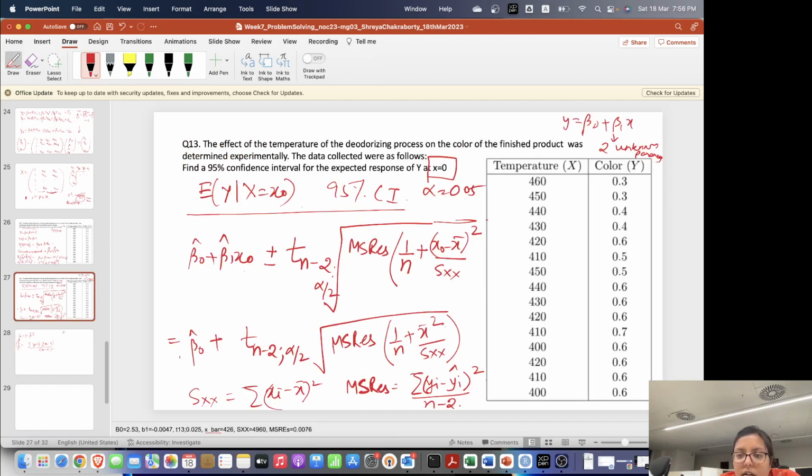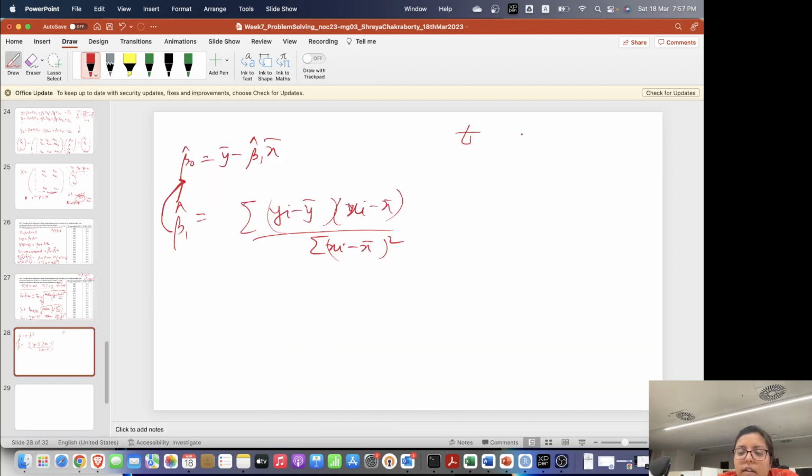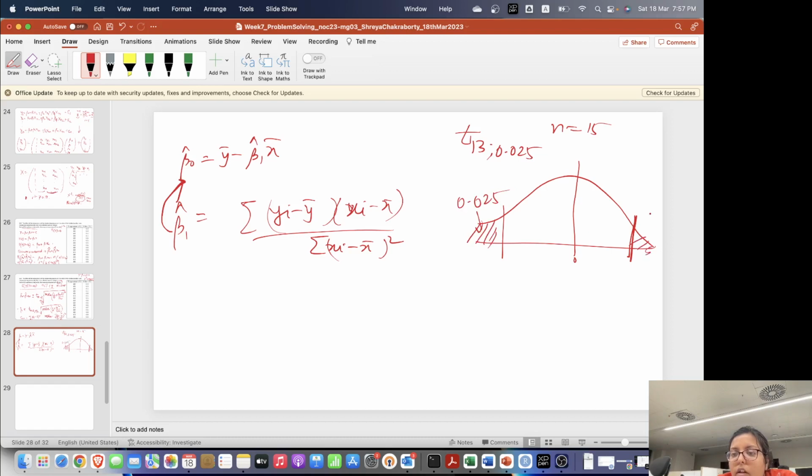How many are here? 1 2 3 4 5 6 7 8 9 10 11 12 13 14 15. So n is 15, so we'll take it from 13, 0.025. If this is a t distribution, we are going to take these positions such that the area below here is 0.025 and the area above here is 0.025.